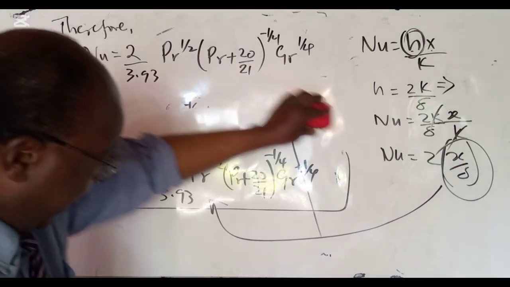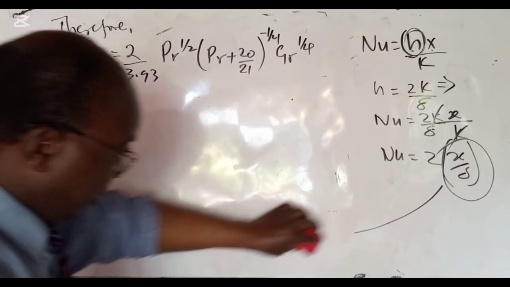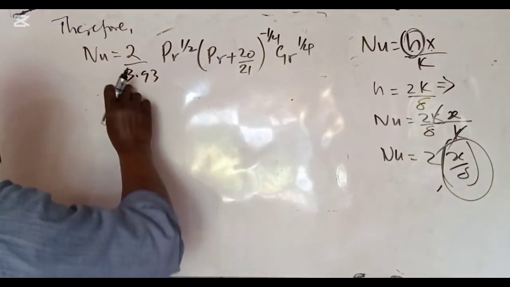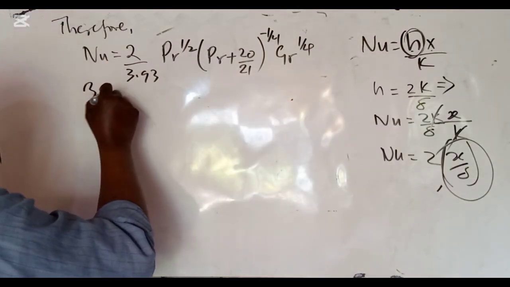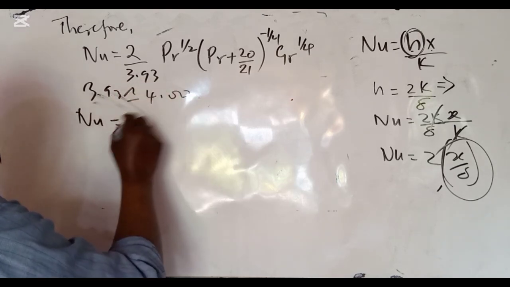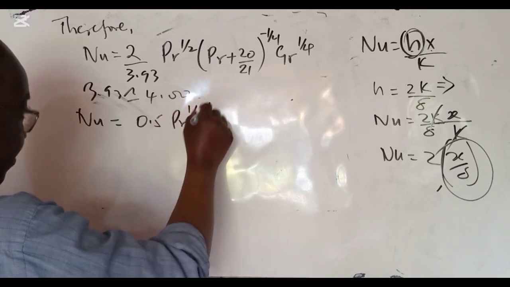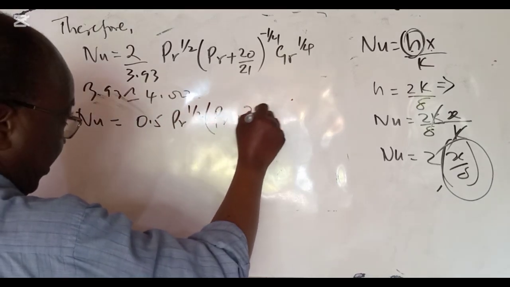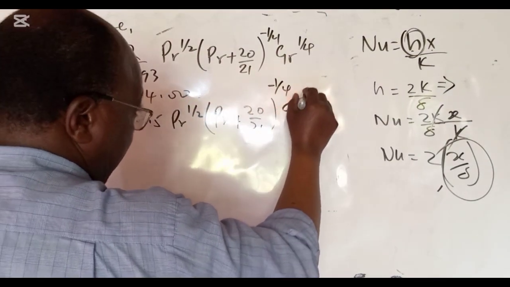And we can make our life easy by rounding off this particular quantity. If we approximate that 3.93 as 4.00, then the Nusselt number now is 0.5, Pr to the half, plus Pr, to the minus a quarter, Gr to the quarter.